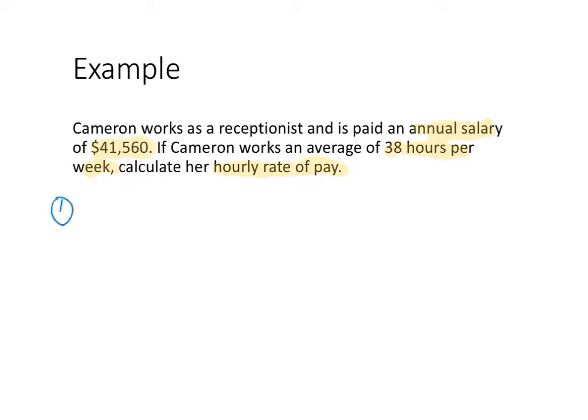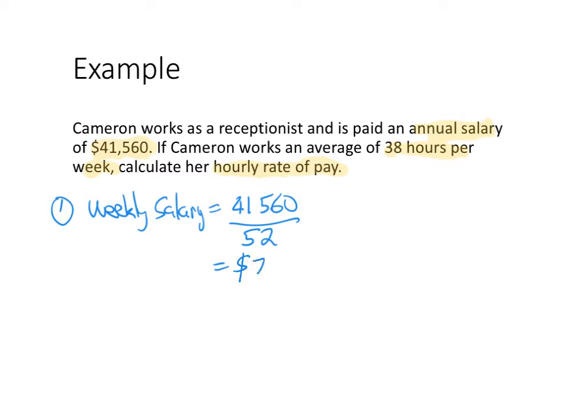So our first step is weekly salary, and that is going to equal 41,560 divided by 52. So Cameron's weekly salary is going to be $799.23. Now that we have Cameron's weekly salary, we can calculate his hourly rate of pay.